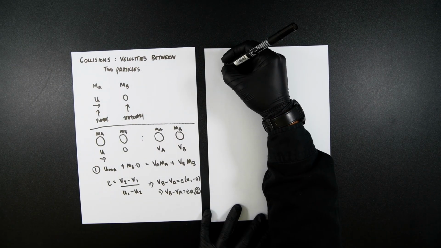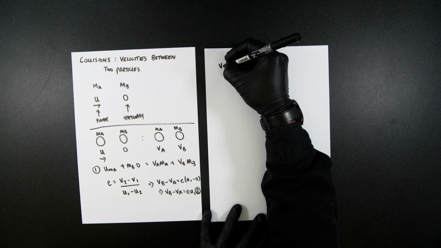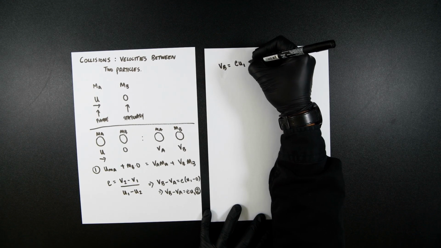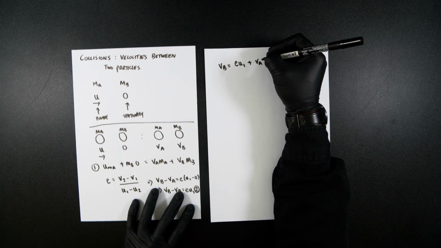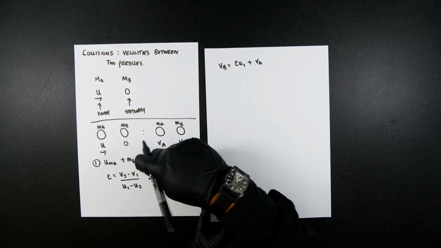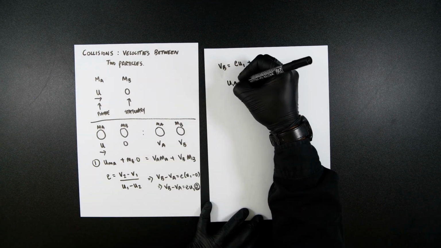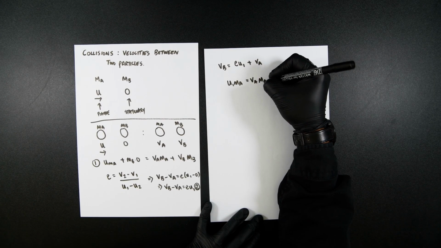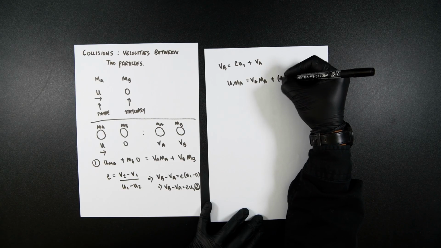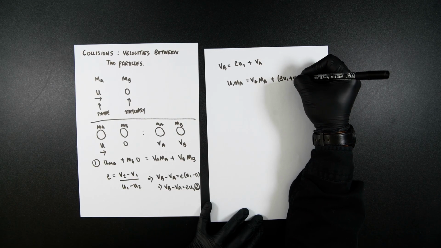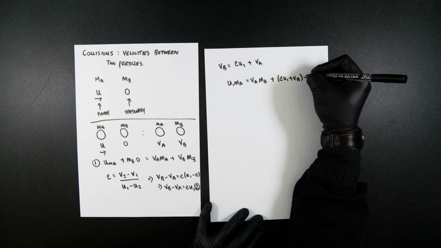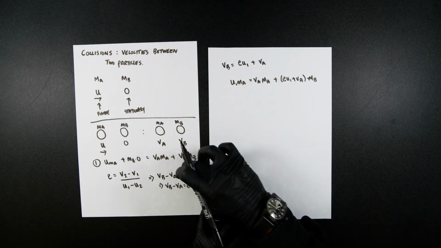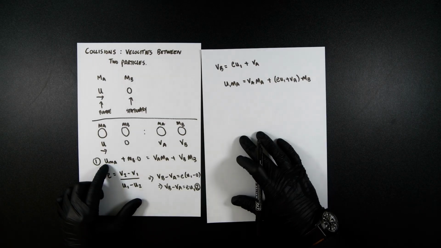So we'll rearrange 2 so that it says VB equals e u1 plus VA. If we're plugging that in here, you're going to get u1 MA equals VA MA plus (e u1 plus VA) MB. So I've just plugged VB into this equation here.